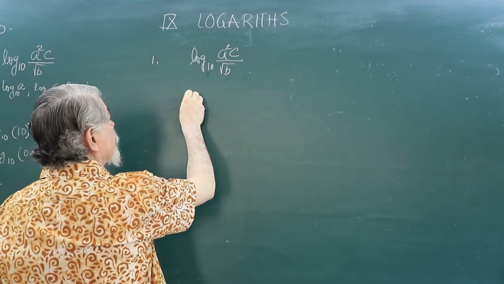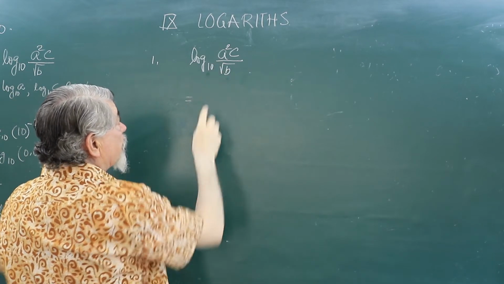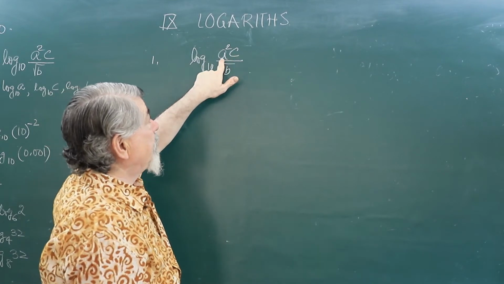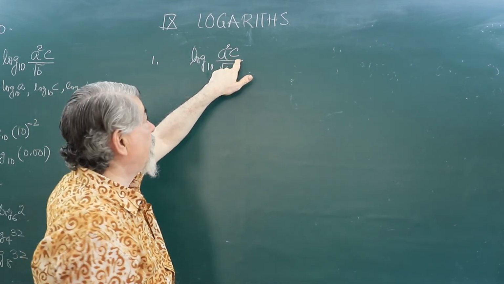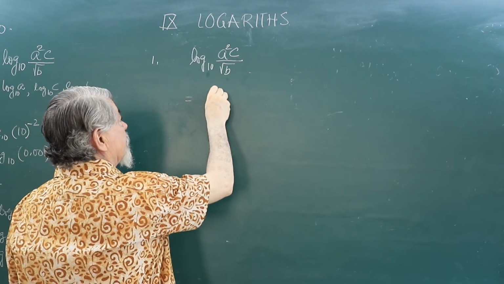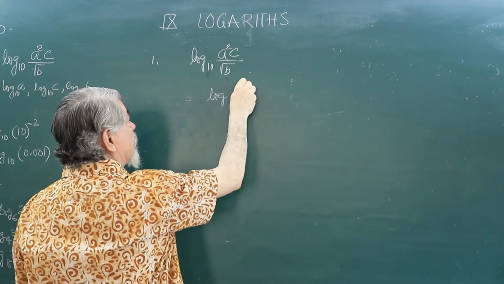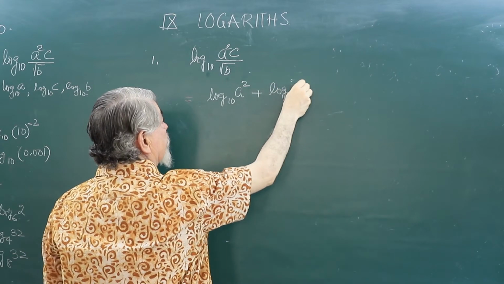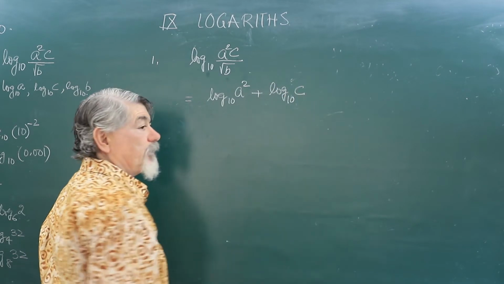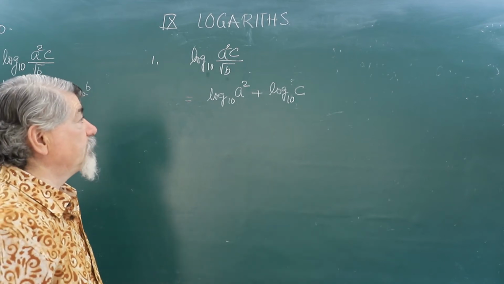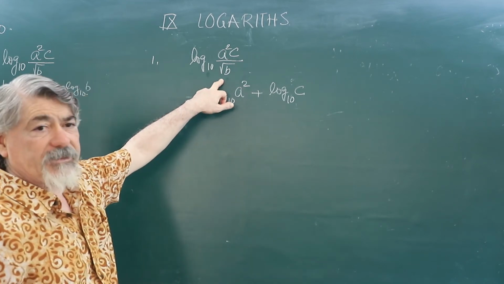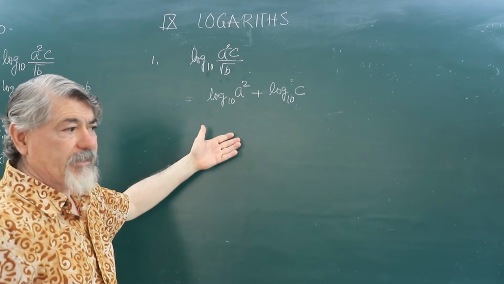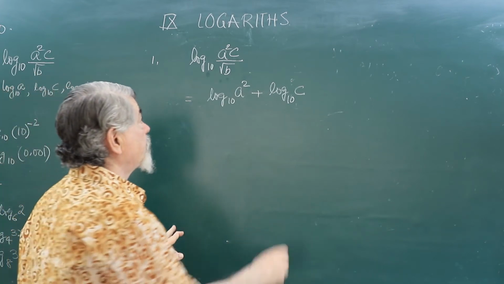So what are we going to do? Next step, because in the numerator a square and c are multiplied, they will get added. That is log a square to the base 10 plus log c, because multiplication changes to addition. Whatever is in the denominator, that means division, will change into subtraction.